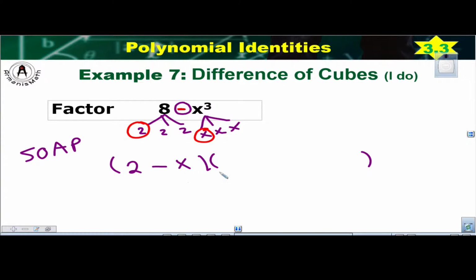So I've got 2 minus x, and then the shortcut says you're going to start with the first item squared. So it's 2 squared. And then I'm going to use this SOAP here. It's my opposite, because this was O. This was S. I'm going to have an O here, opposite. So what's opposite of negative? That's positive. And then I'm going to say it's 2 times x.